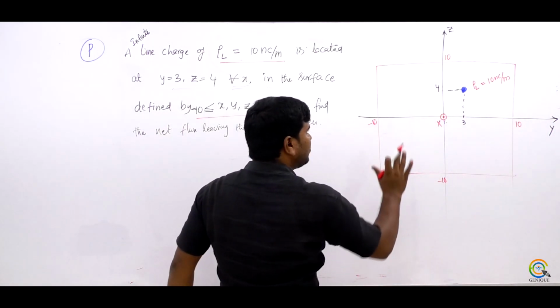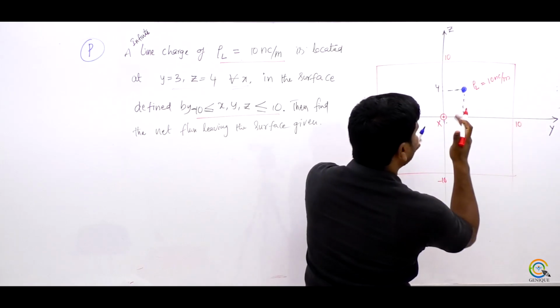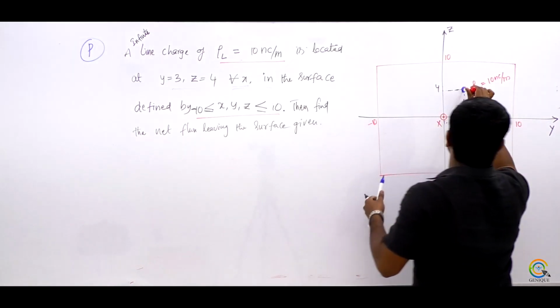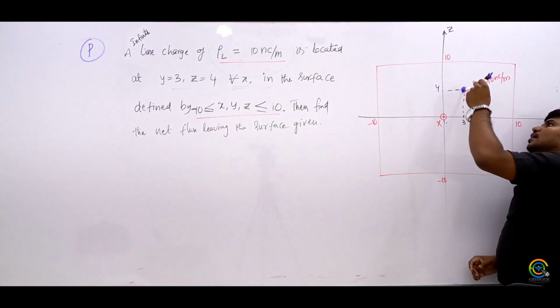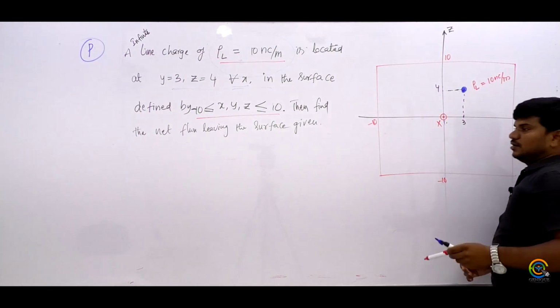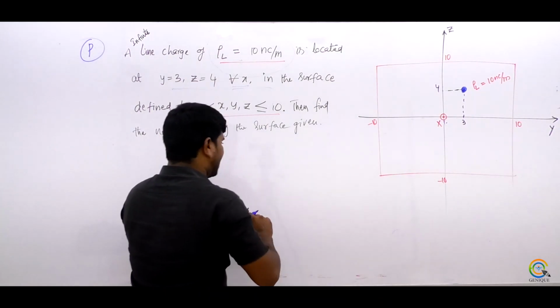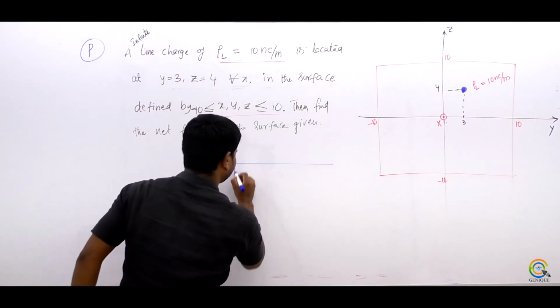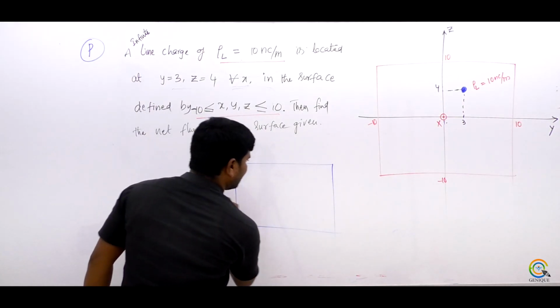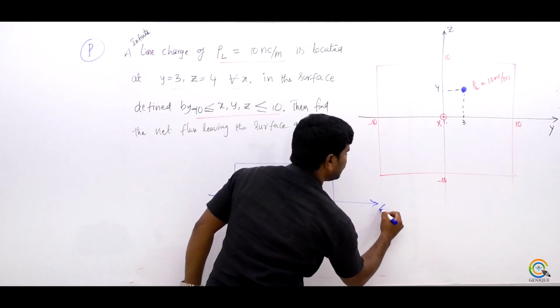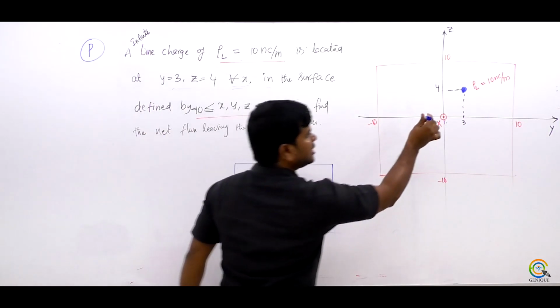Okay, suppose if I write the side view, so this is the line. If I see this line from the side, how will it look like? The side view will be like this only. From the side view I can visualize x, because it is the x-axis, right?